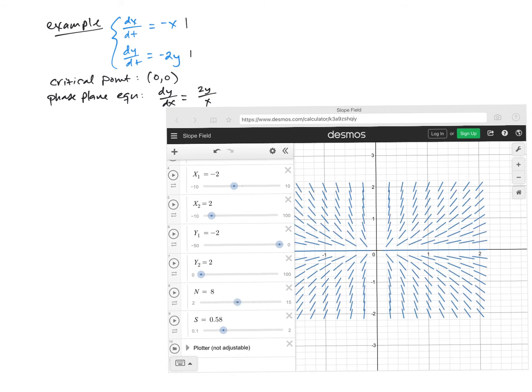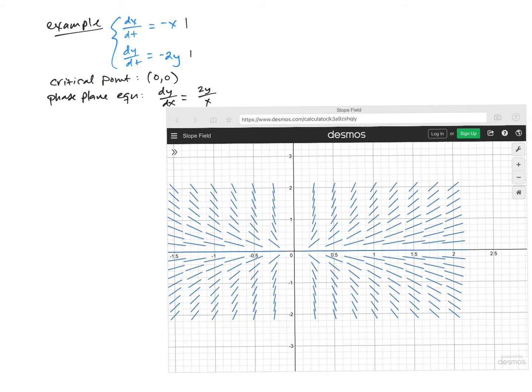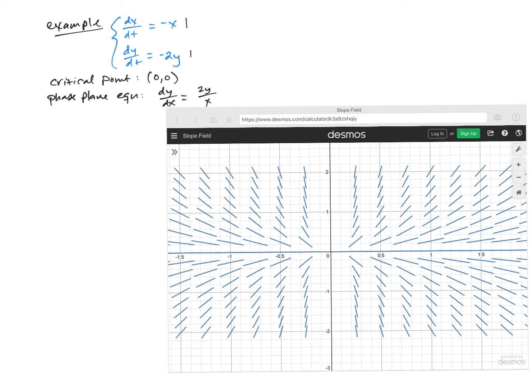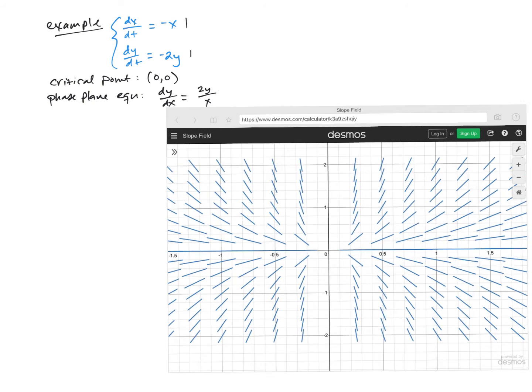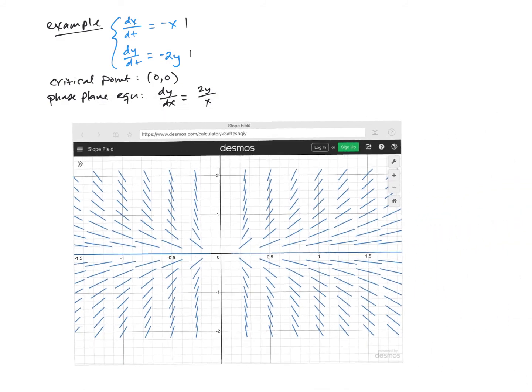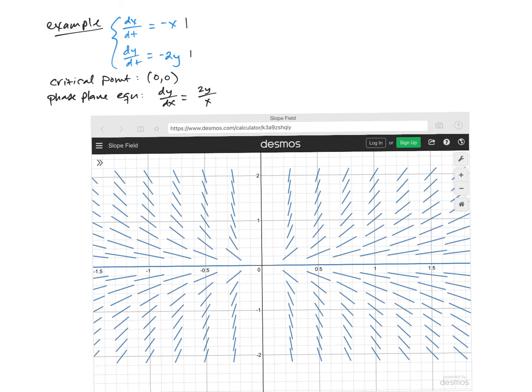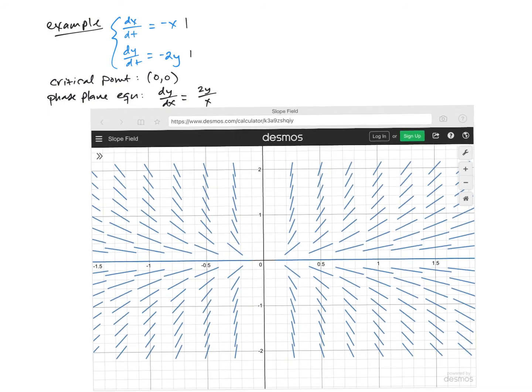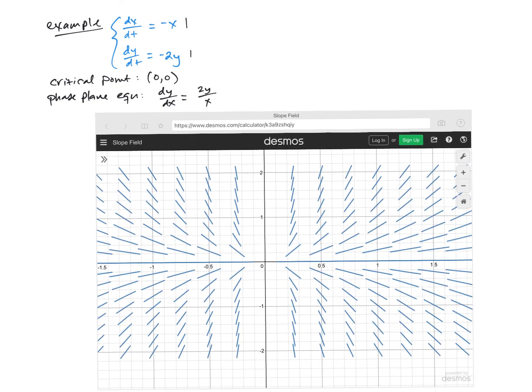Okay, so this is the deal. This is our slope field, right? And this is what's going on around 0, 0. But what we don't have on here is our trajectories. We could kind of draw them, but we don't have the arrows because we've removed t from the phase plane equation.